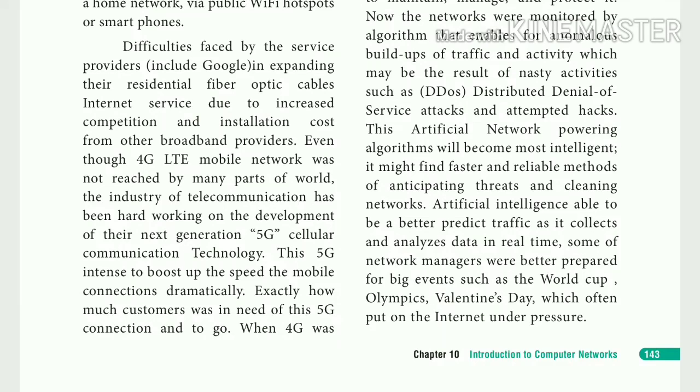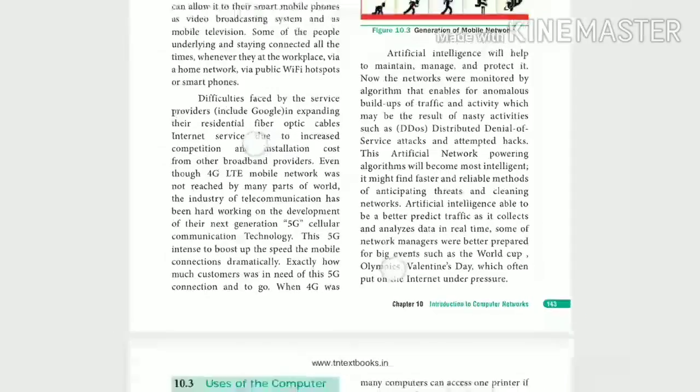For example, nowadays we use the internet to view important events like IPL, World Cup, or Olympics. While the event is happening, artificial intelligence will control the network so that it does not break down or shut down when the number of users suddenly increases. This is done by using artificial intelligence on the network.